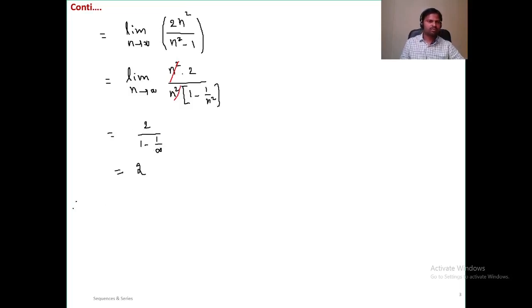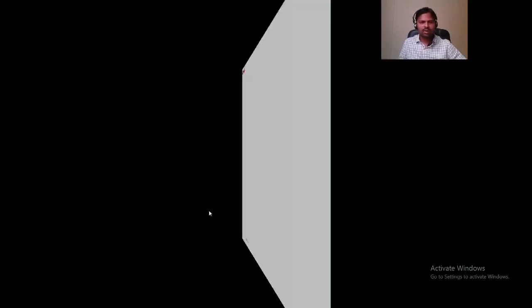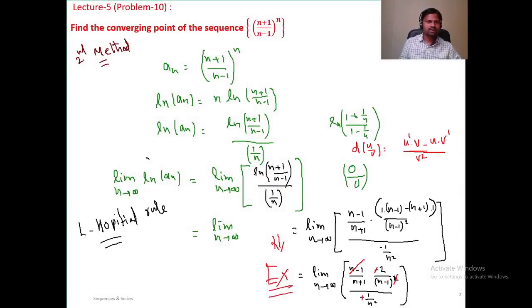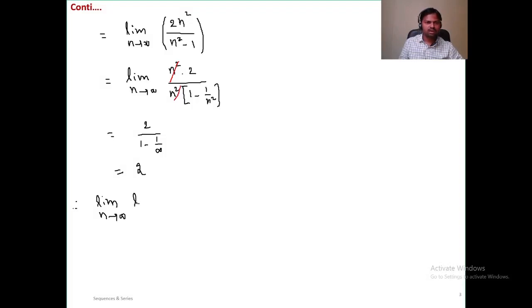What is this actually? Go back. It is limit n tends to infinity of ln of a n, and that value is 2.